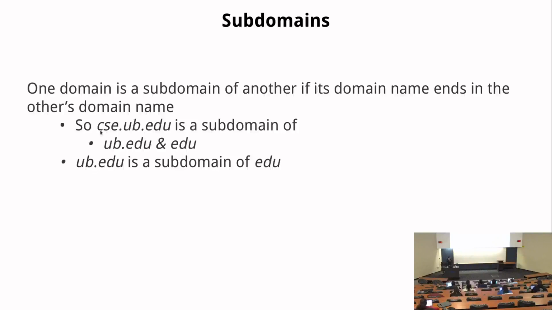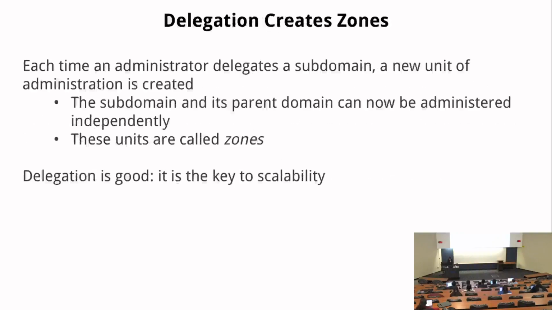Inside the CSE department, we can have more hosts, some servers, and they will have their own names, then .cse.ub.edu, right? So the left-hand side of the domain name is actually the host. The right-hand side is a bigger domain. From left to right, you go from a particular host to a bigger domain name.